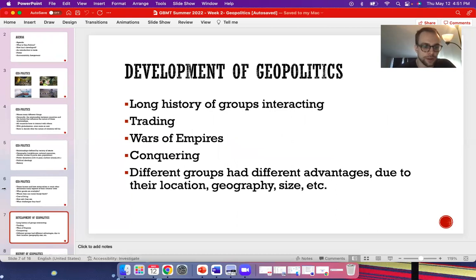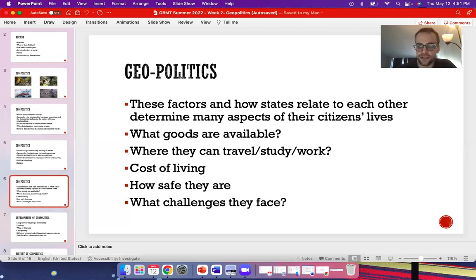So, sorry about that. These factors impact various aspects of states and how citizens of each state live their lives as well, right? Including their consumption patterns, their cost of living, and even their actual safety, right? So we can see that these various factors are not just abstract things that happen in the realm of geopolitics, but actually are things that impact individuals living within every nation state.